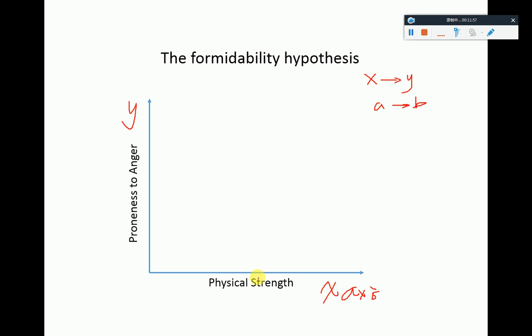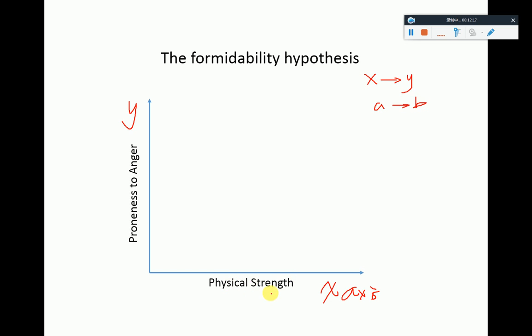Okay, so now we have these two variables at the appropriate places on this coordinate system. Now our question is, how do we visualize their relationship? We say that physical strength, that's our x.